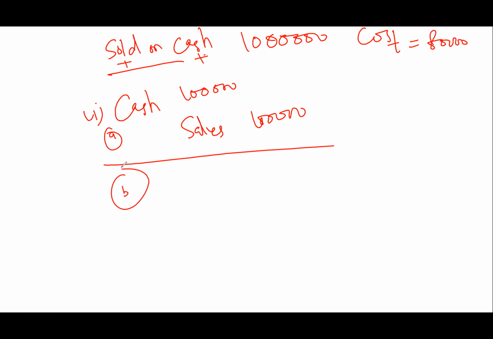The second entry would be the reduction in inventory because we sold. So this sale also includes a reduction in inventory, right? Inventory reduced by 80,000, and that inventory goes to the income statement.